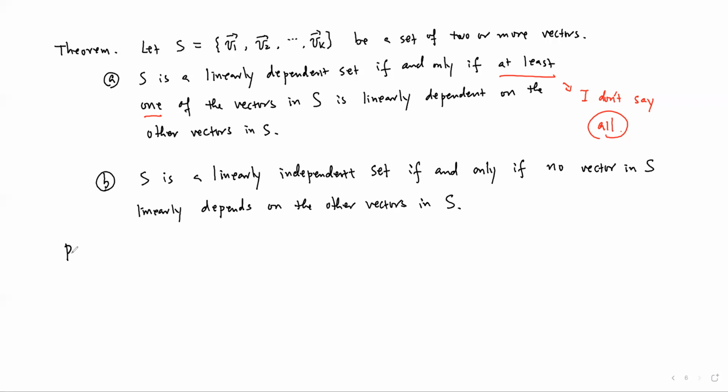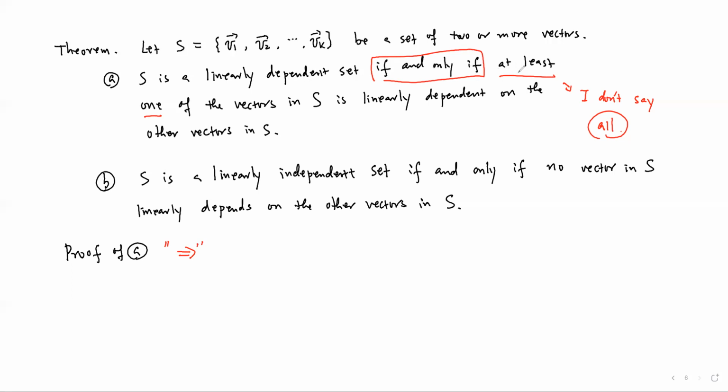Proof of A. Since it is an if and only if statement, the proof has two directions. The first direction: suppose the set is a linearly dependent set.